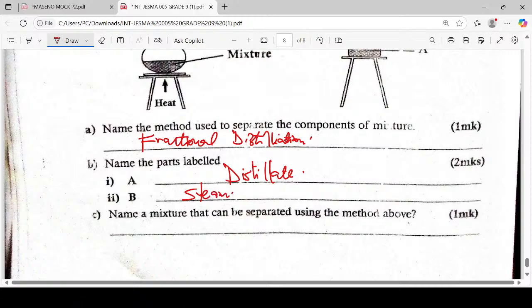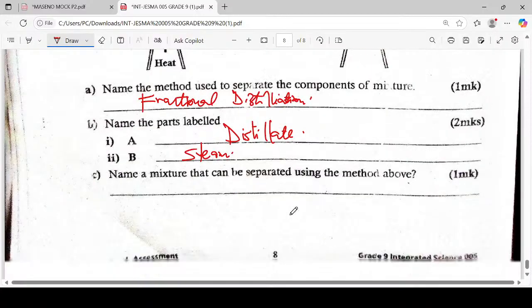Name a mixture that can be separated using the above method. We can separate salt from water. So I can talk about salt and water using this method.